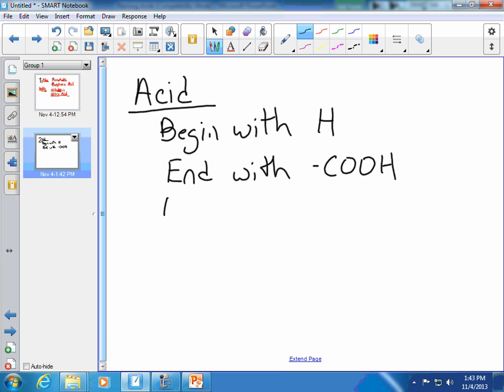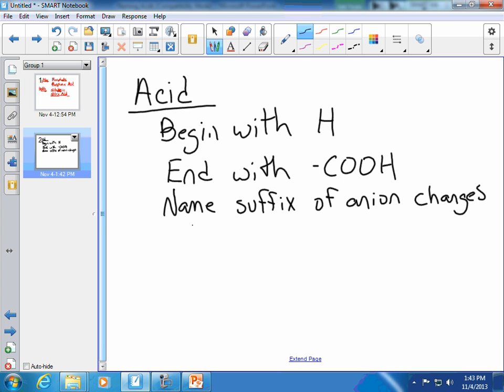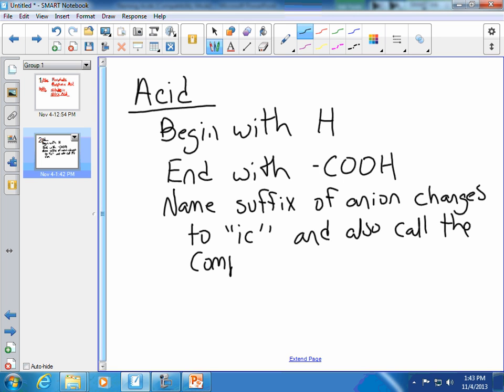When it comes to the name, the suffix of the anion changes to -ic, and we also call the compound an acid.